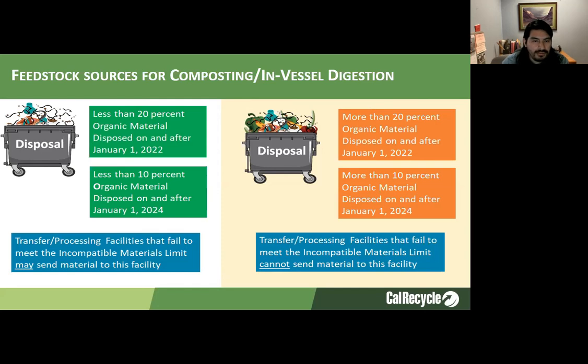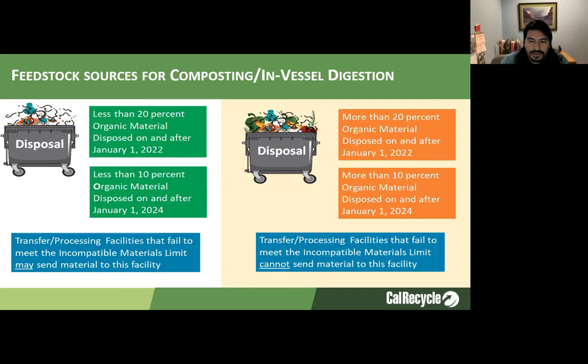The intent of the regulations was to ensure that organic waste is being sent to a facility that can recover that organic waste, because the whole goal of this is to divert organics from landfill disposal.